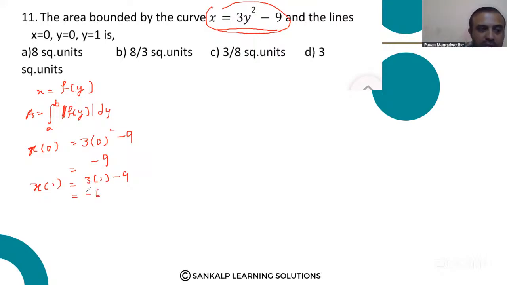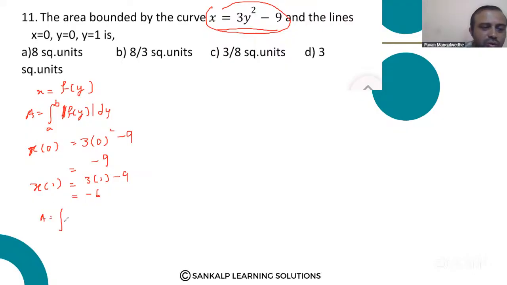So since x is negative for all y between 0 and 1, the region lies entirely to the left of the y-axis. So it is integrating.